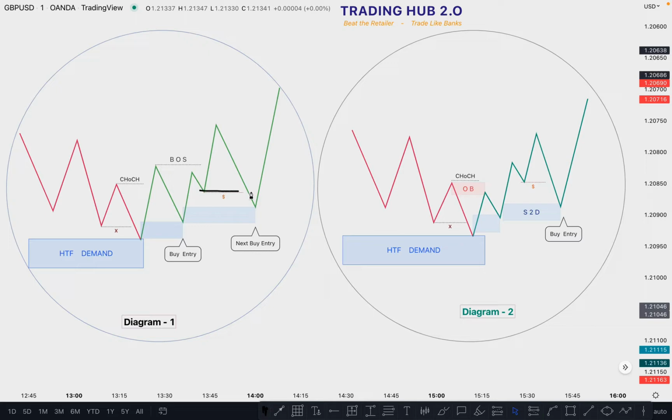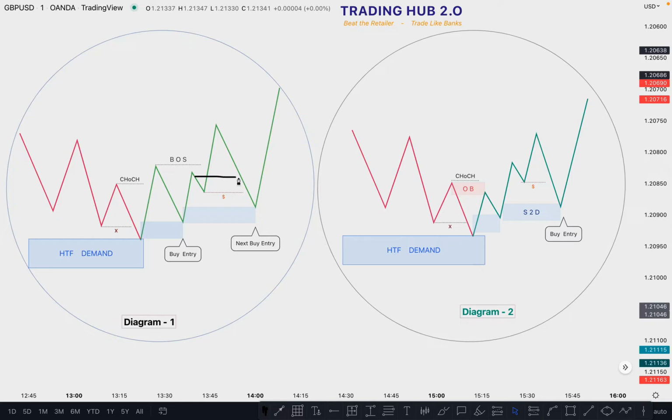The market must take out this low, and then you can buy at this point for the upside. This entry is a high probability entry compared to this one. If the market breaks this low, it means the market actually wants to go lower like this. So this zone is very high probability compared to the first one, and most people do the wrong thing here.